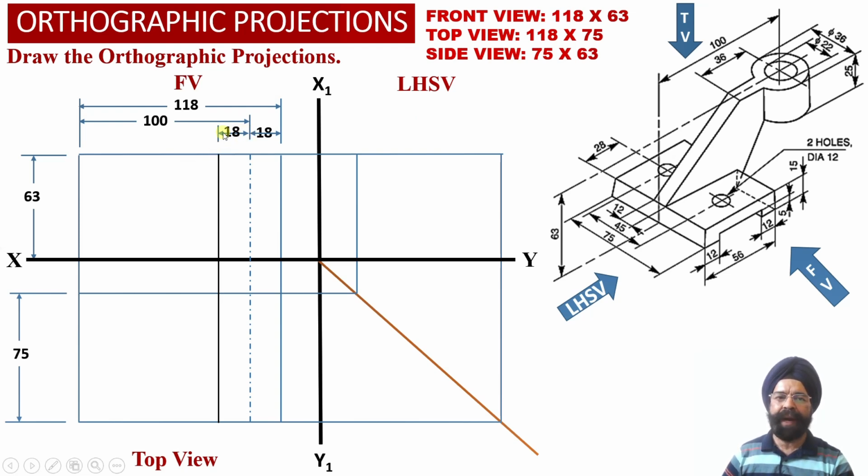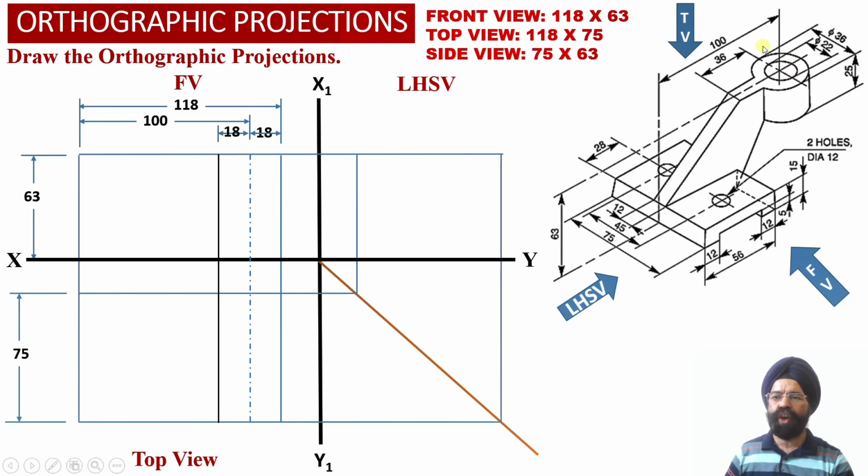So now having marked this distance of 18 millimeter, now we have obtained a black vertical projector line corresponding to the end point of the cylinder into the front view projections, and this black vertical projection line we have appropriately extended into the top view projections as well.